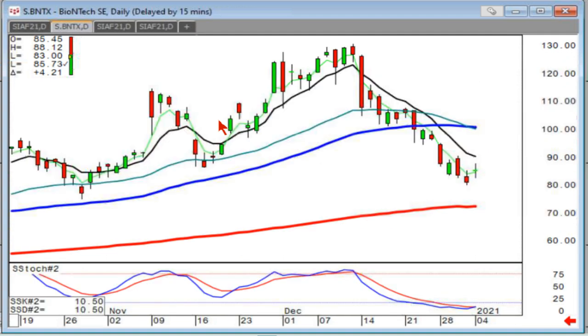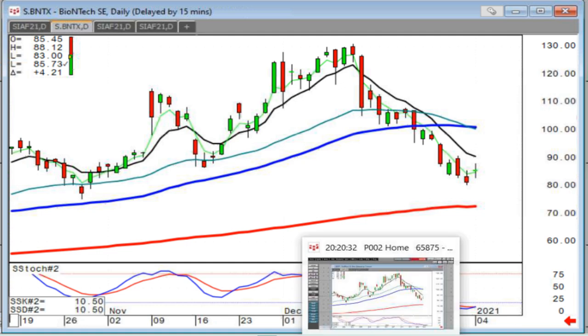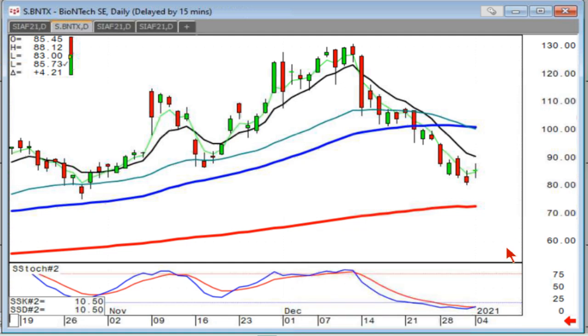And BNTX. This one, if I had been short, is that a valid Morningstar? No. A Morningstar signal is a close above the halfway point of this candle, and it's usually a solid candle.